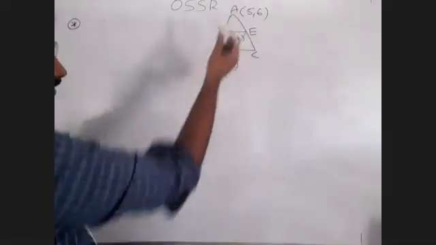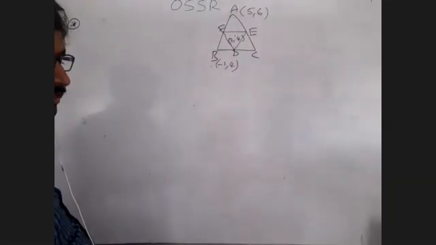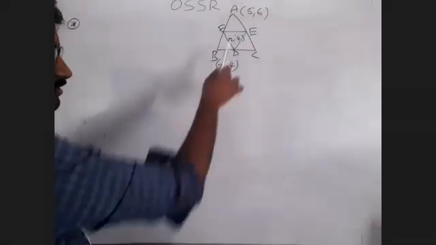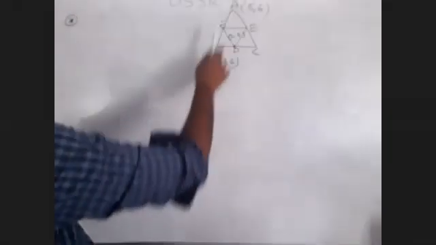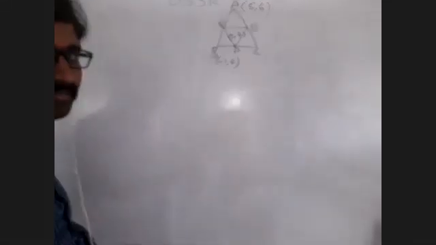Why? Because A is given, B is given, and the centroid is also given. If two vertices and the centroid are given, we can find the missing vertex.